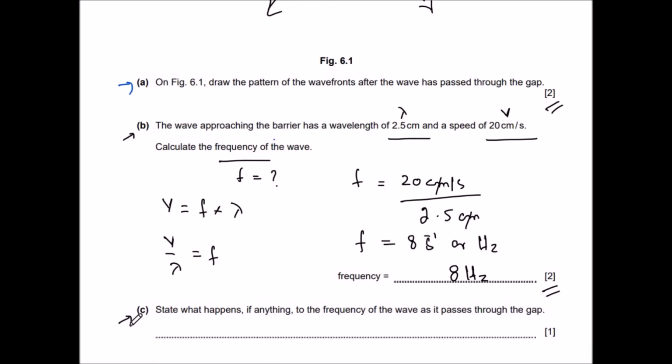C. State what happens, if anything, to the frequency of the wave as it passes through the gap. Remember a few things. What happens to the wave in case of diffraction? Speed and wavelength change, but frequency does not. So here you can write, of course, diffraction is there, but frequency does not change.